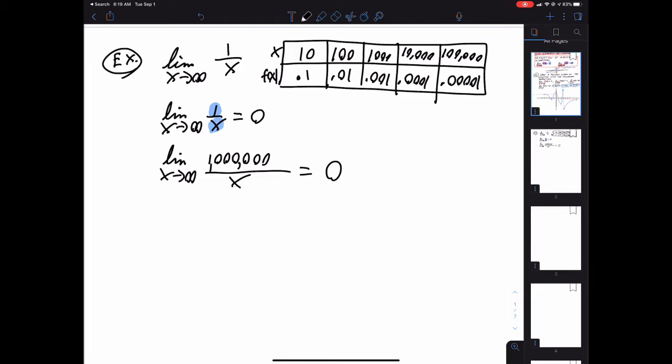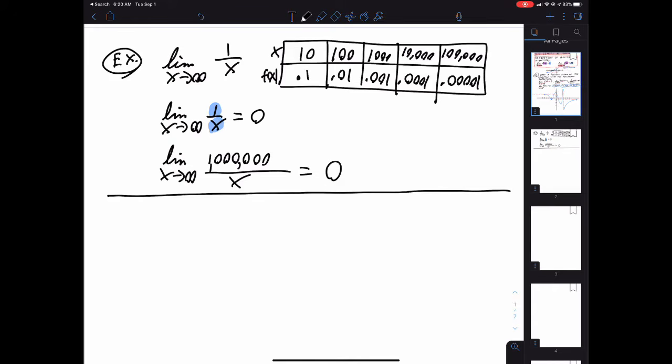So no matter how big your numerator is, if it's a constant and the bottom's going to infinity, the size of your pizza is rapidly approaching 0. So that's the concept you have to understand: a constant divided by infinity approaches 0.